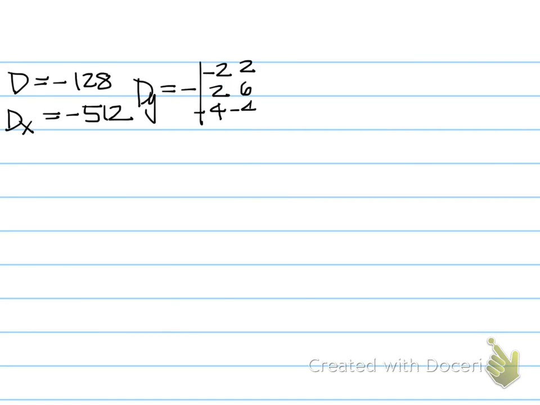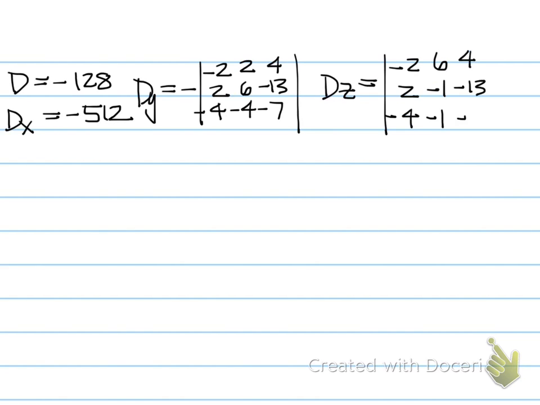Carrying over the value that we calculated for the denominator determinant and the x determinant, we now need to find the y determinant. And again, we follow the same steps. Start with the first element in the first row, negative 2. Cross out all the elements that are in the same row and column as the negative 2 and find the determinant of the remaining values.